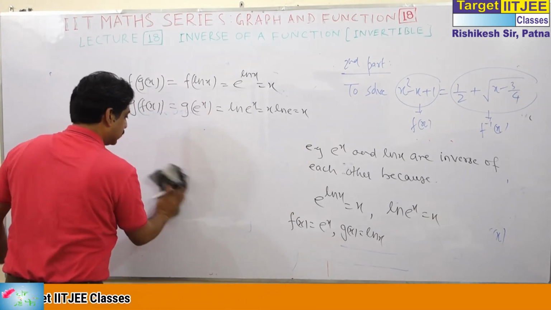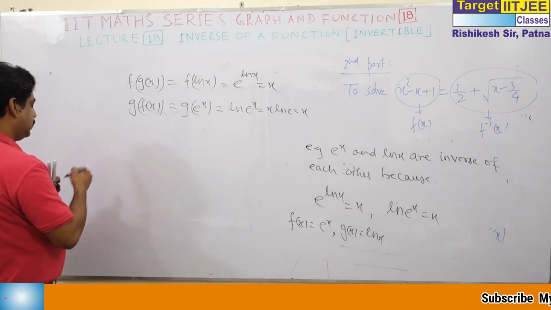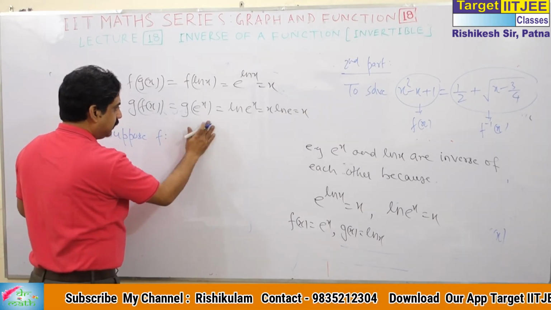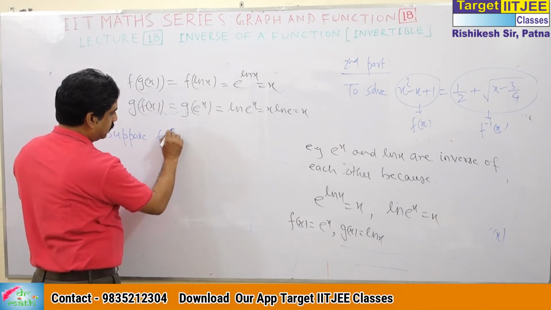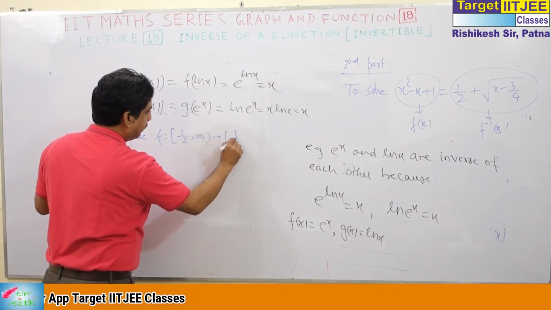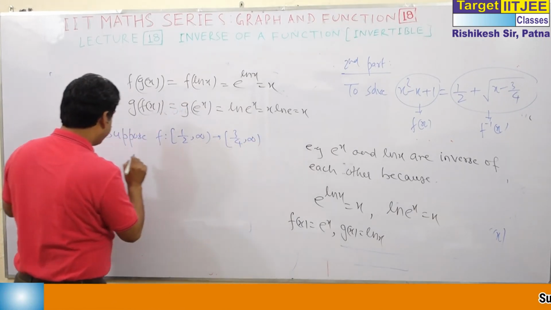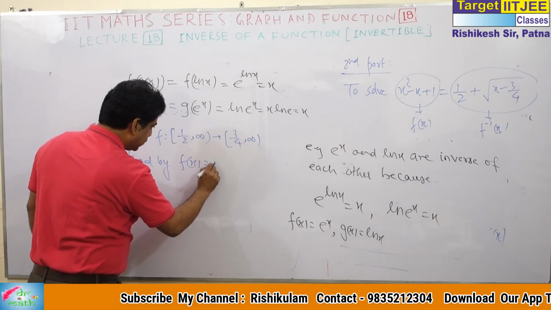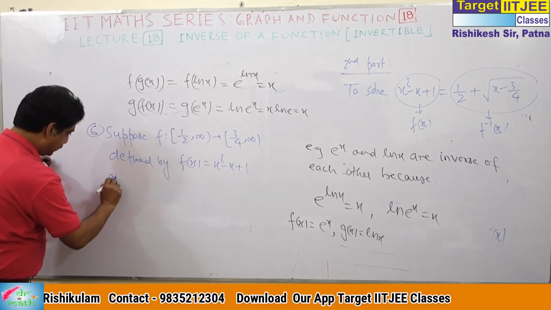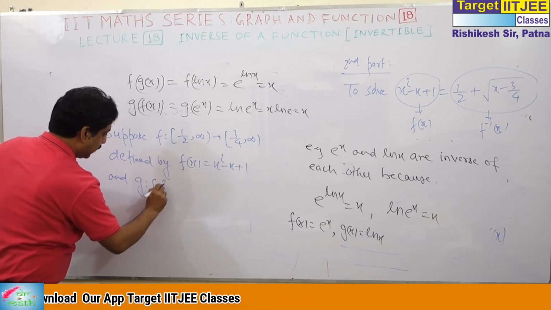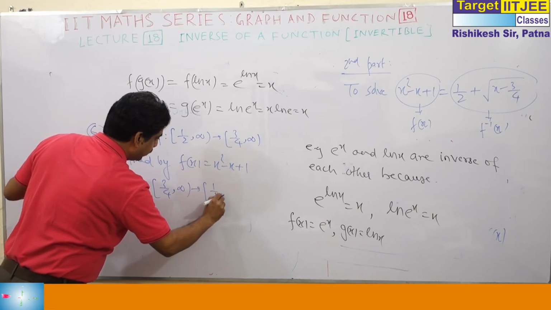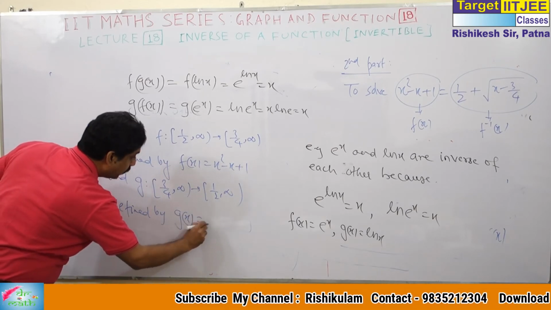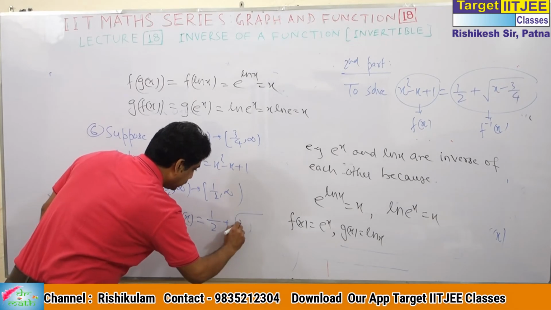Question number 6: suppose f goes from 1/2 to infinity to 3/4 to infinity, defined by f(x) is equal to x square plus 1, and g goes from 3/4 to infinity to 1/2 to infinity, defined by g(x) is equal to 1/2 plus the square root of x minus 3/4.